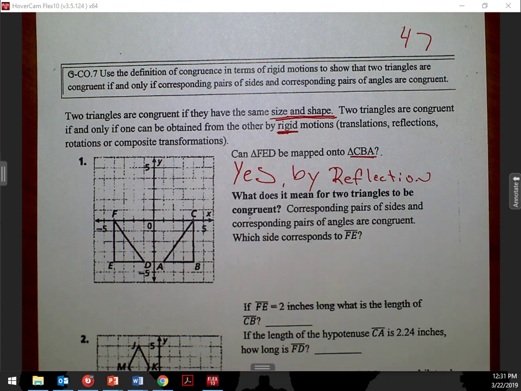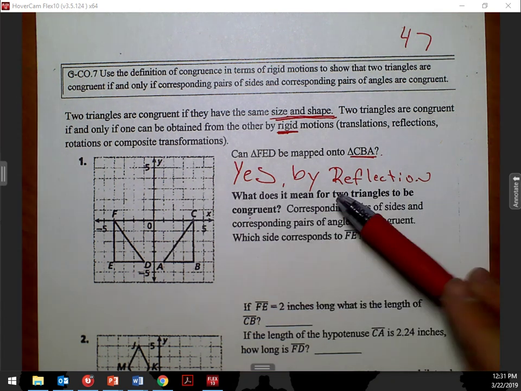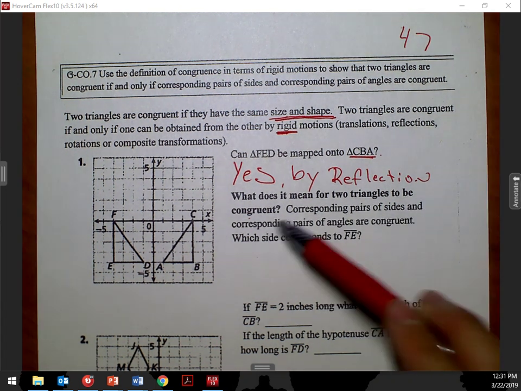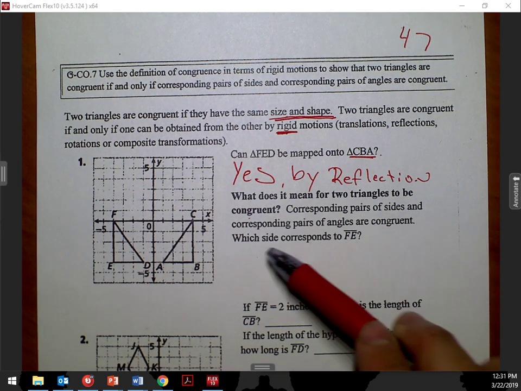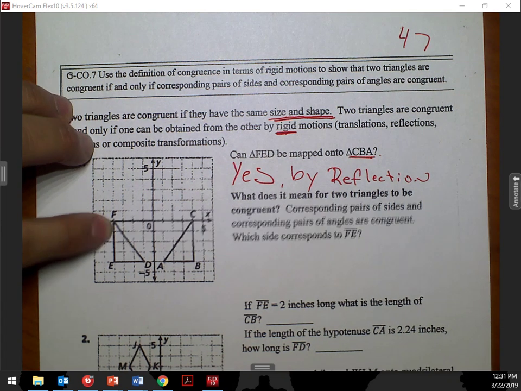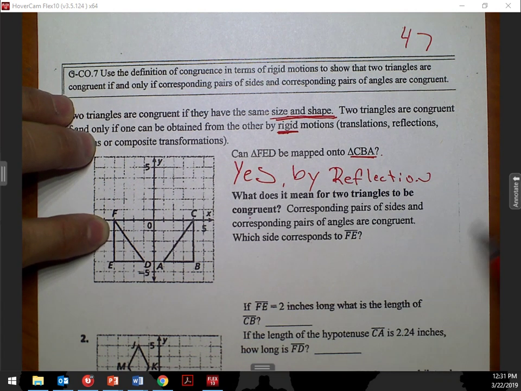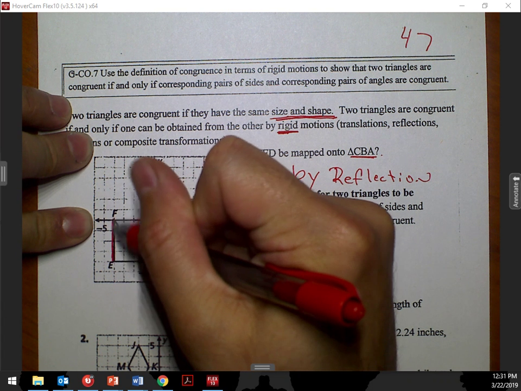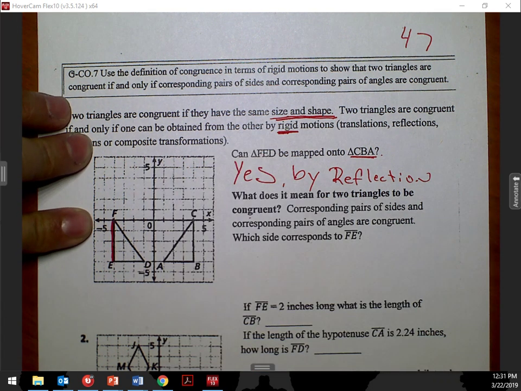Are we good? So what does it mean for two triangles to be congruent? Corresponding pairs of sides and corresponding pairs of angles are congruent. Which side corresponds to side FE? There's side FE, right? I'm going to color that one because I like to color. FE is right there. Which side corresponds with FE? CB. CB, very good.